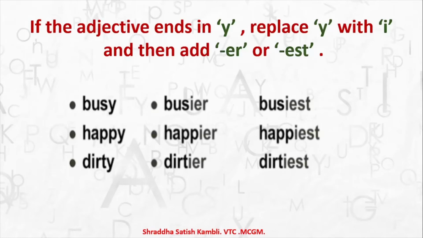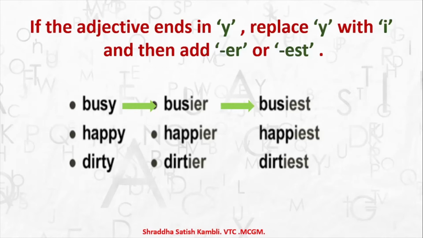So see, busy, B-U-S-Y. You add I-E-R there. You drop the Y, you add an I: busier. For busiest, again you drop the Y and you add I-E-S-T.